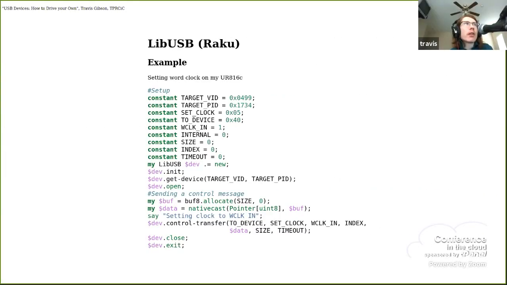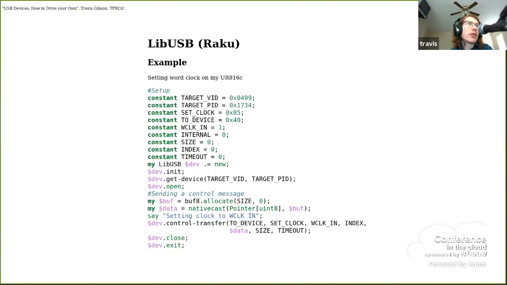So here is a sample of some libUSB code in Raku, which is wrapped around libUSB. This is basically a very simple low-level wrapper. The most complicated section of this is the get device line, which I have wrapped the enumeration, listing, and selection of device all in that one function.